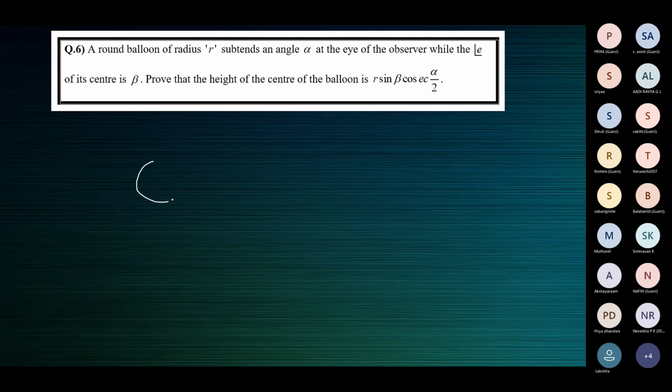Subtends an angle, that means... So this is the eye of the observer.